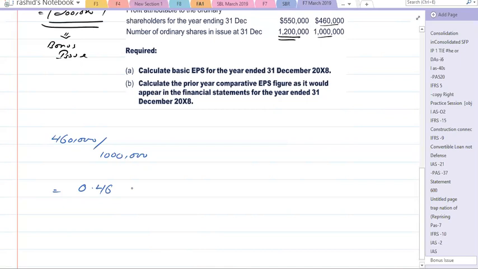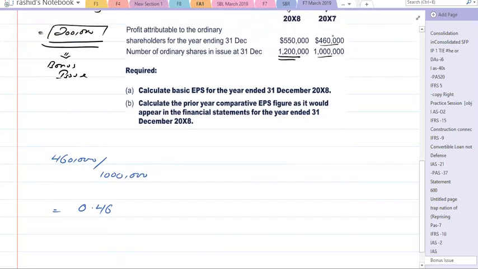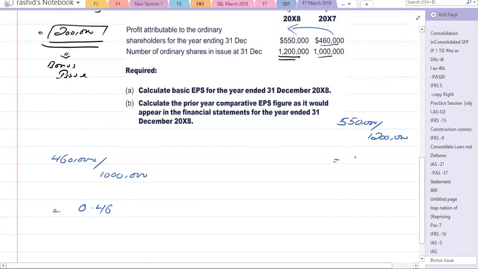Now, the profits were 4,60,000 and have reached 5,50,000, so the profit has increased. But in order to explain how it works, if I take 5,50,000 divided by 12 lakh, it gives you 0.45.